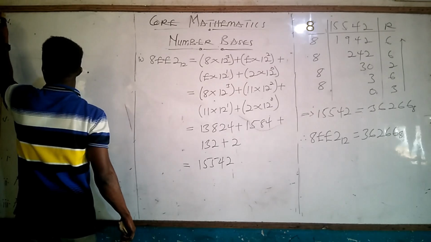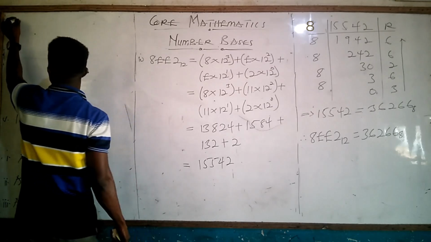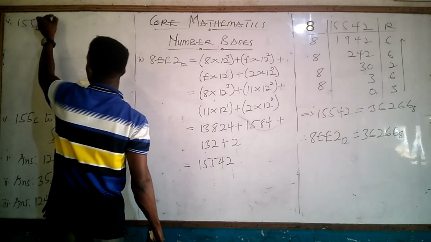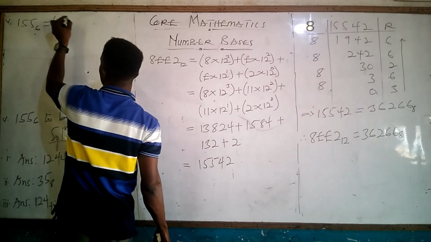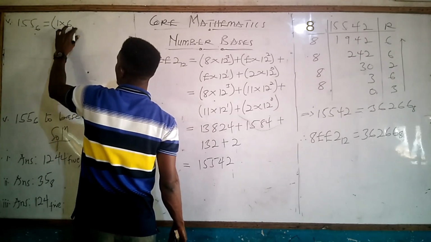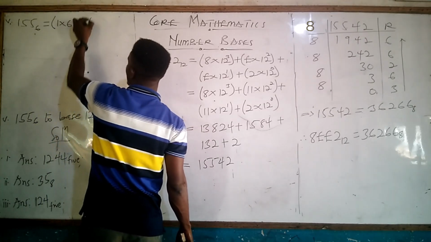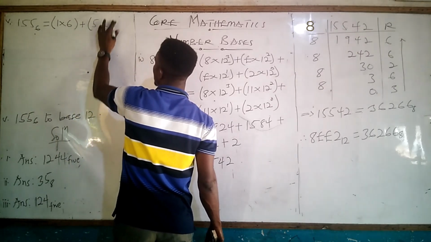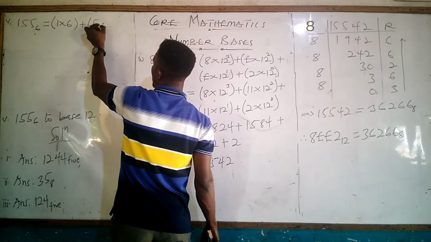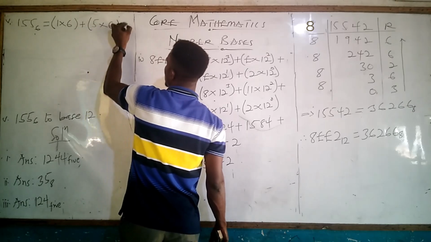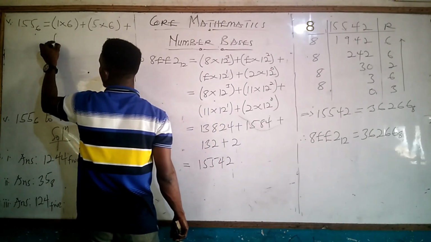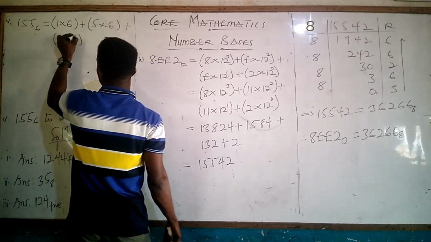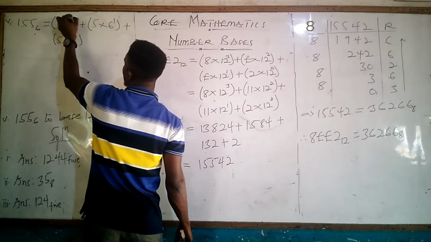Okay, so the B. And that one is 155 base 6. And that one together: 1 times 6 squared plus 5 times 6 plus, lastly, 5 times 6 to the power 0.